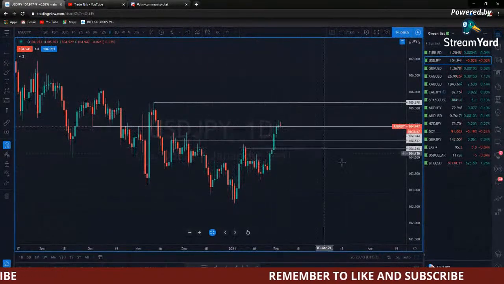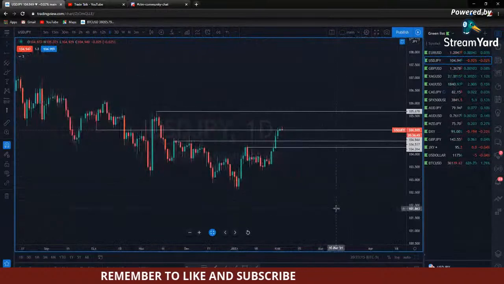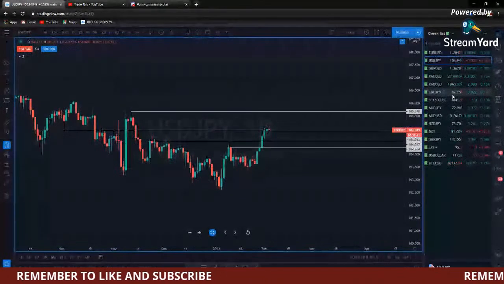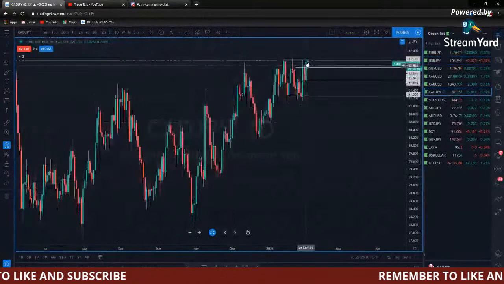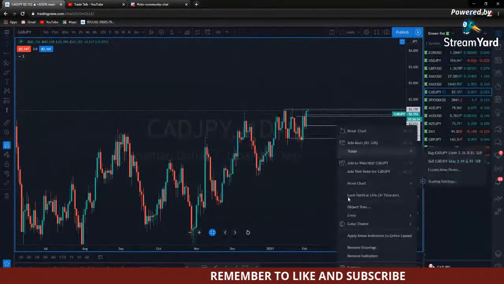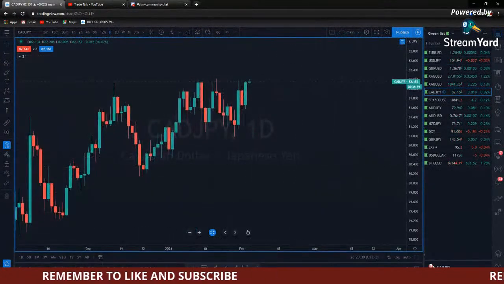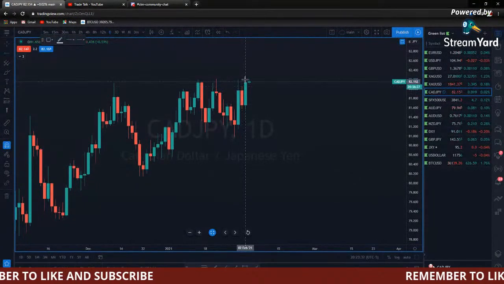I am a near-term trader more than a swing trader. I do take swing trades. I am in a swing trade on CAD yen to see if we can get a breakout of this resistance here. Let me remove that for anybody that's just joining that didn't see that part. I am long on CAD yen.